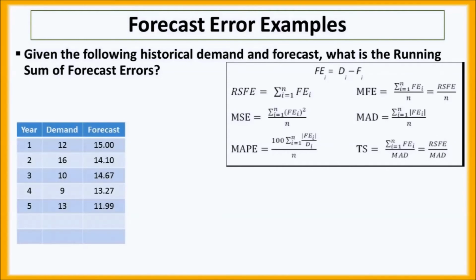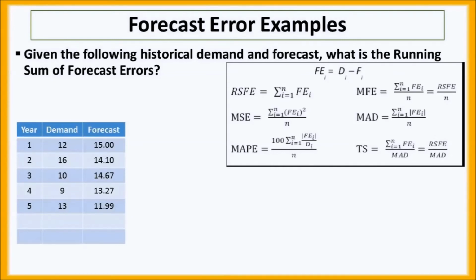Now, when we tend to over forecast, when we forecast more than what is demanded on a regular basis, then we'll end up with a negatively biased forecast. In other words, these error numbers will tend to be negative numbers because the demands will tend to be smaller than the forecast numbers. When we have a negatively biased forecast, then we will end up with excess inventory.